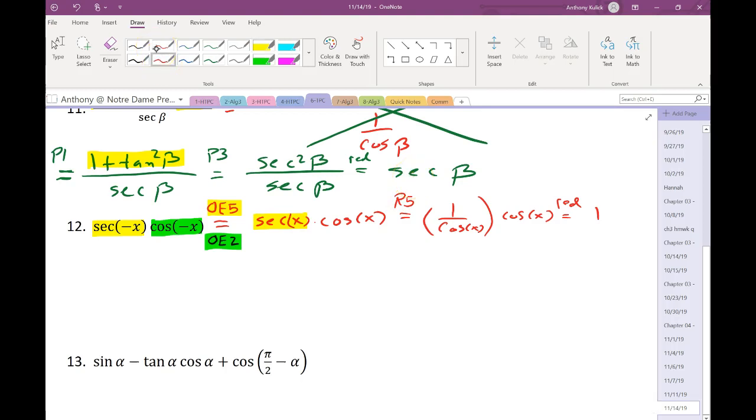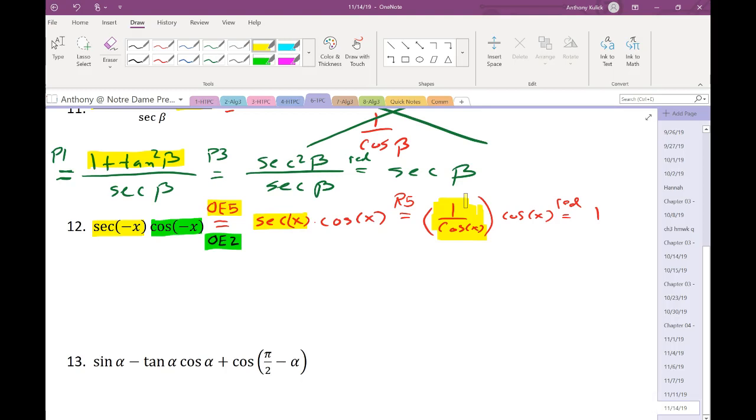That just says reduce. So if I look at R5, it says that secant is equal to 1 over cosine. So the highlighted yellow secant in the step before has turned into the 1 over cosine in the step after.